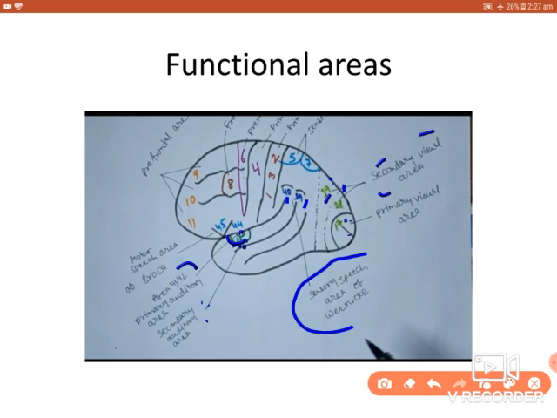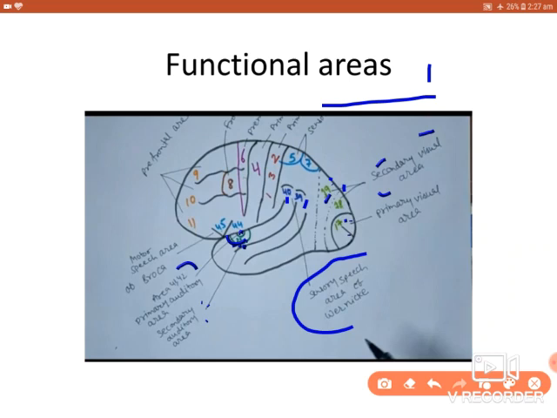Okay, that is the function of this sensory speech area or Wernicke's area, that is the interpretation of the languages. So that's about these important functional areas.